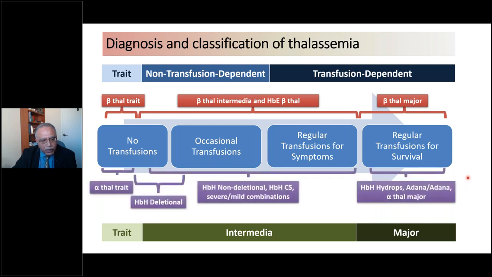The same thing can also be done for the alpha thalassemia syndromes, where the deletional hemoglobin H patients don't require transfusions. Those who have non-deletional or other forms of mutations may require occasional transfusions, sometimes regular transfusions. And then there is a group of severe alpha thalassemia syndromes, which are not a topic of today's discussion, that require regular transfusions for survival.